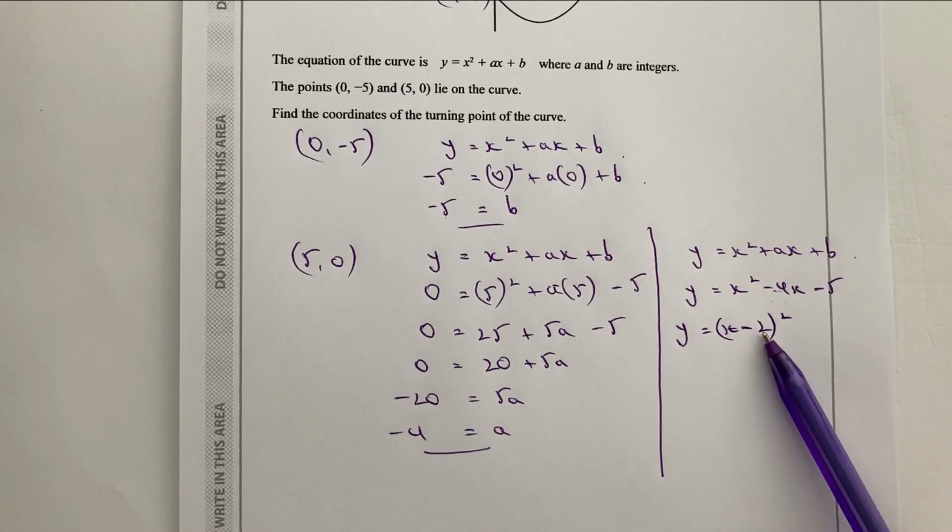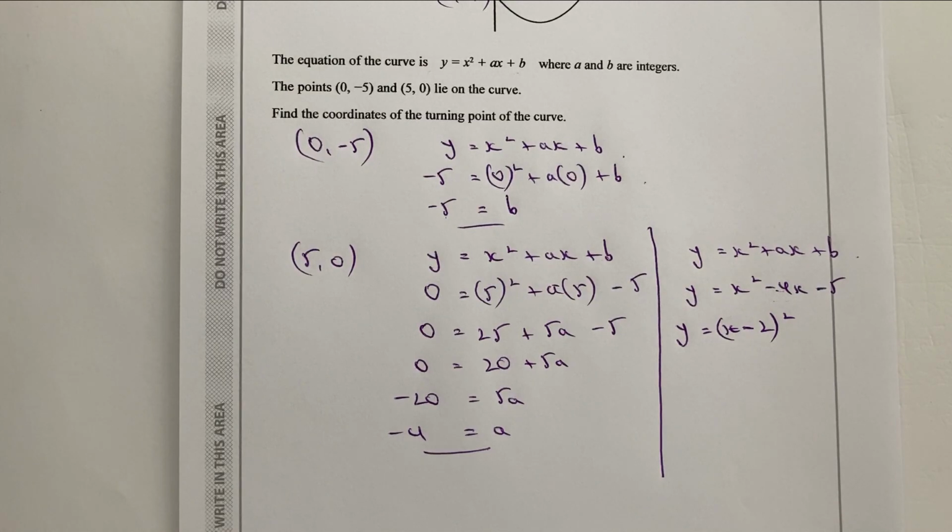Remember, this is x minus 2 times x minus 2. So the first two terms will be that. My problem is that when I multiply out the minus 2, I'm going to get plus 4. X minus 2 times x minus 2 is going to give me x squared minus 4x plus 4.